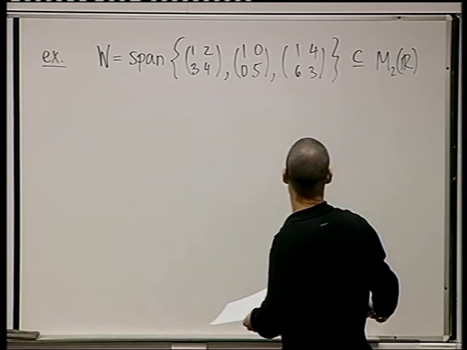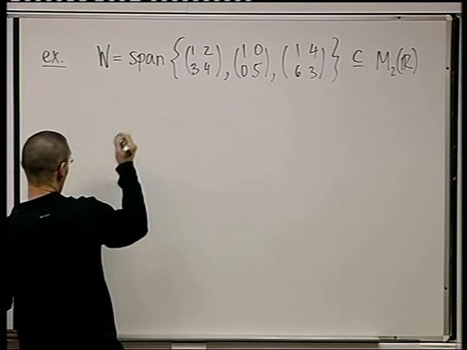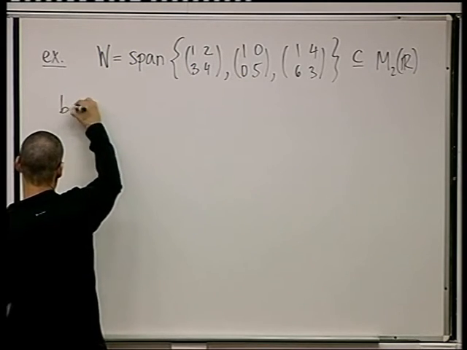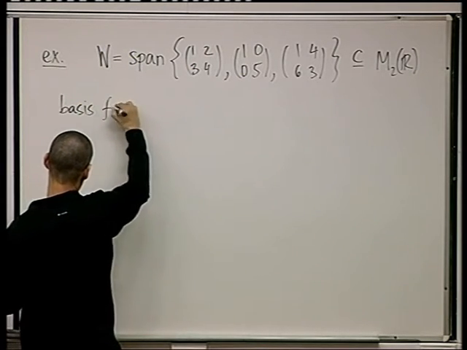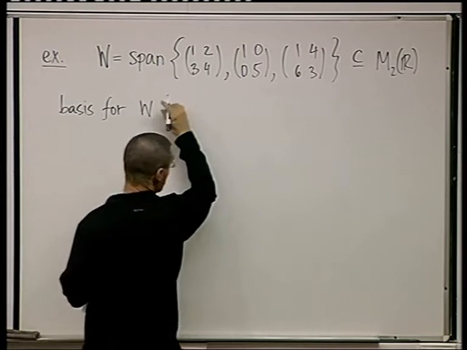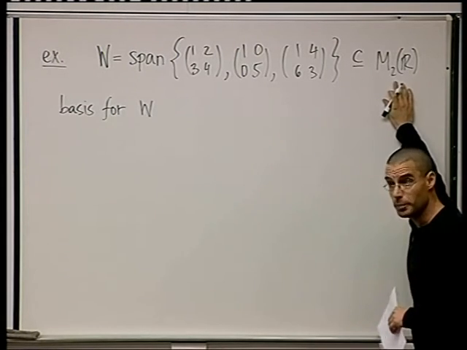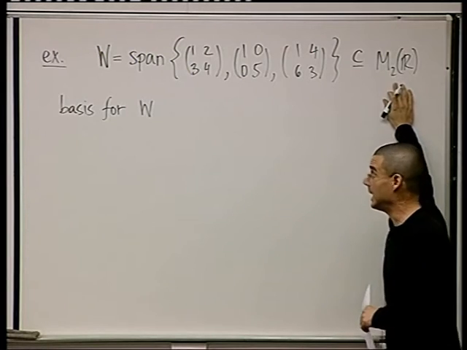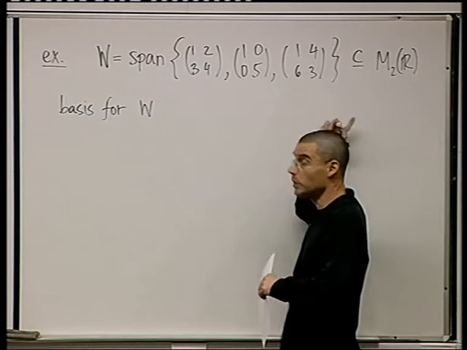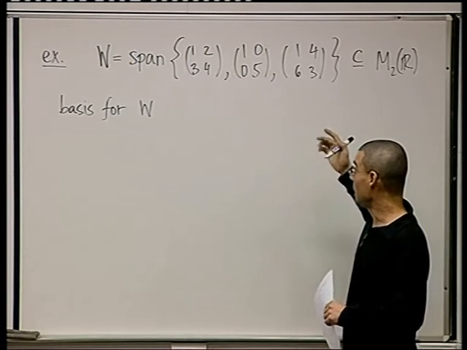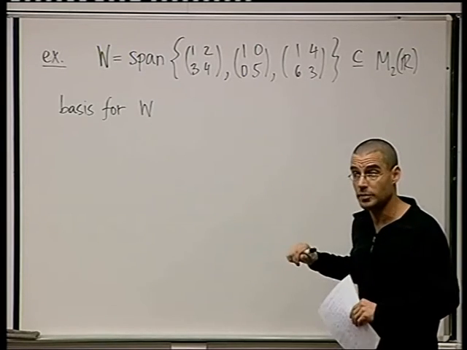So the way to find a basis for W, which is a subspace of 2x2 matrices over R, and a priori by seeing them we do not know what the dimension of W is.